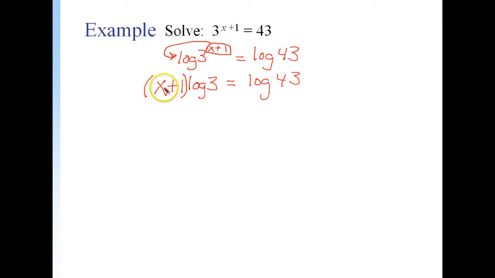Now we want to isolate the exponent on this side, so we're going to divide both sides by log 3.